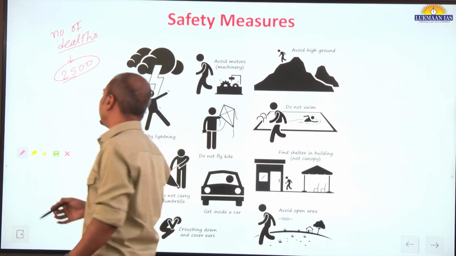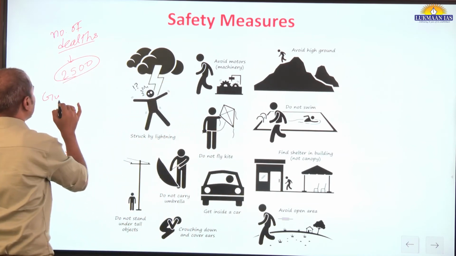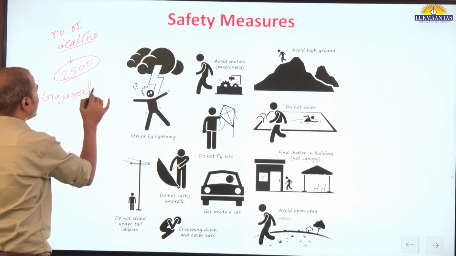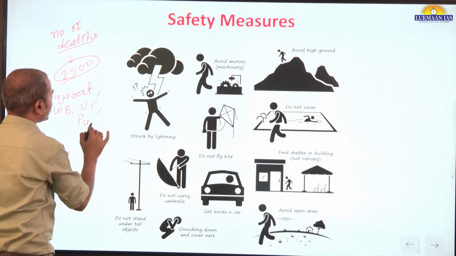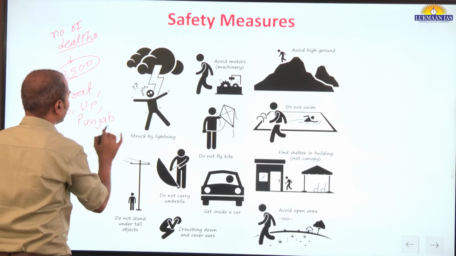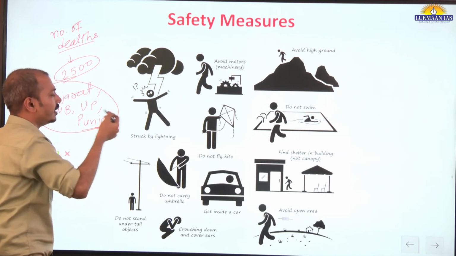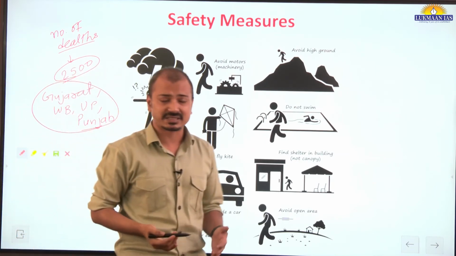And which are the vulnerable states? Gujarat, UP, West Bengal, Punjab. These regions are more vulnerable, or a higher number of lightning strikes is generally observed in these states.